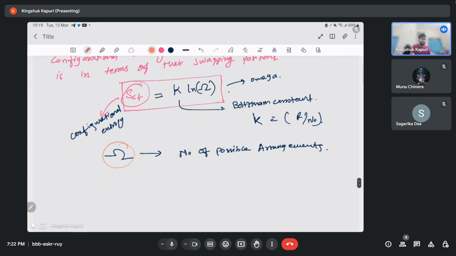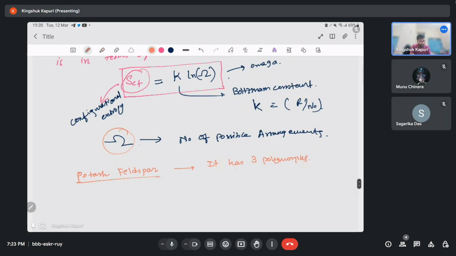So we will take a geological example. Let's take potash feldspar. It has three polymorphs, right? The chemical formula is KAlSi3O8.